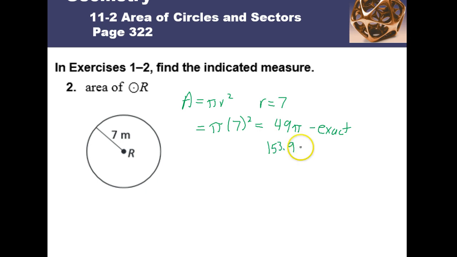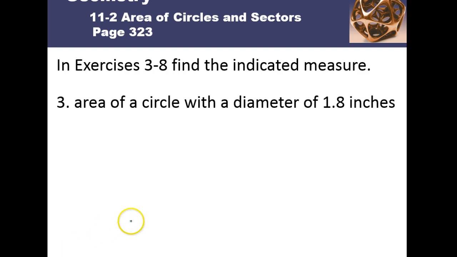And this is meters, so we should say meters squared. Okay. Number 3. So it looks like we have 8 more problems. Find the area of a circle with a diameter of 1.8 inches. Okay, so again, I'll ask the sub to pause, and you give this one a try on your own.